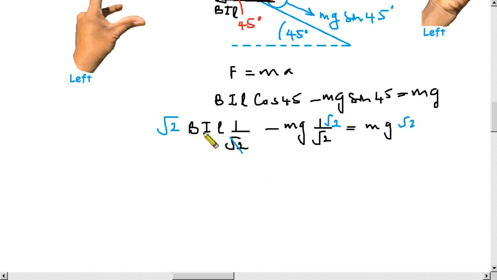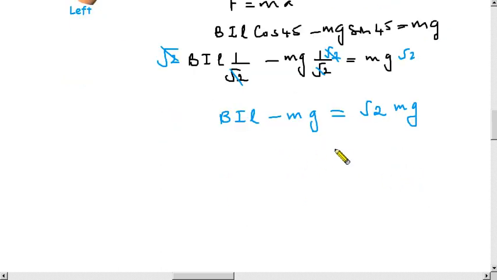Then root 2 cancels, and we get BIL only, minus mg only, and on the right side root 2 mg. So BIL equals root 2 mg plus mg.